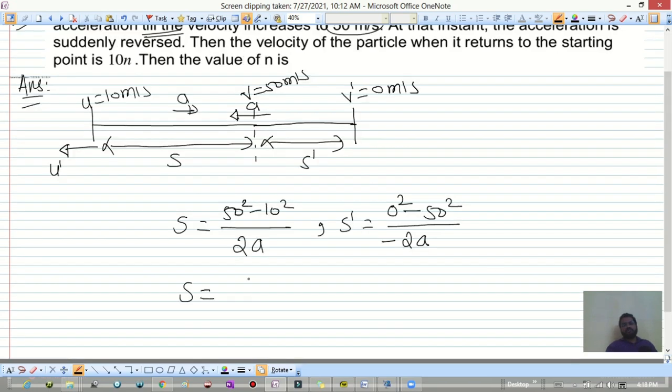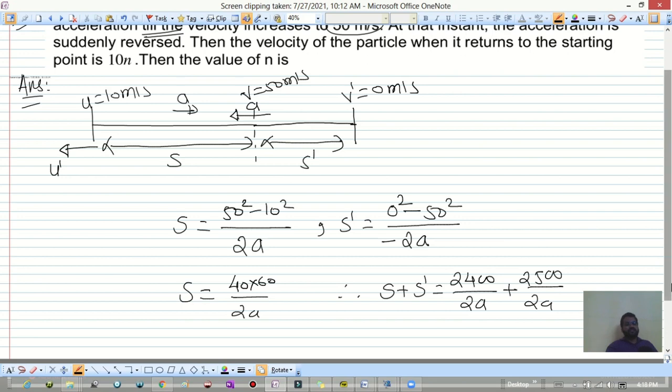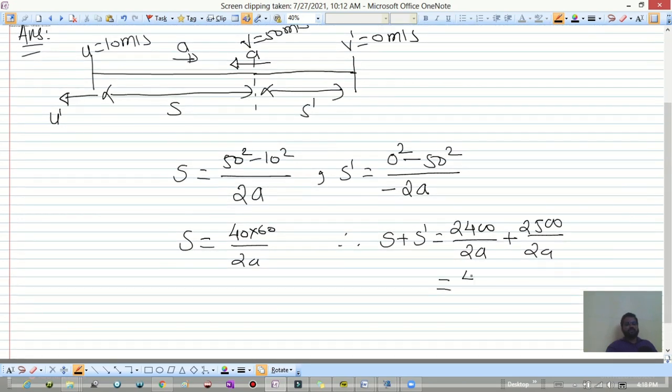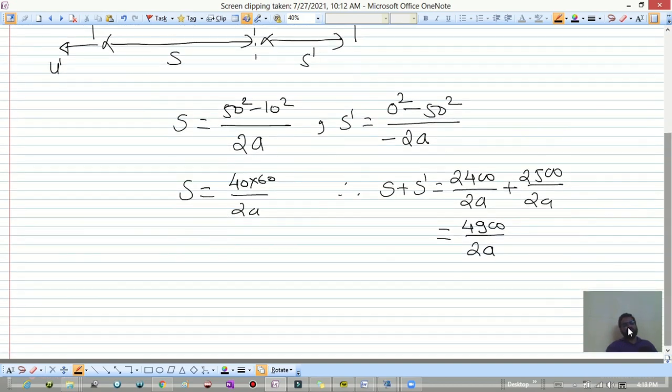So here s is equal to 50 minus 10, 40 into 60 divided by 2a. So therefore the total distance we have is s plus s dash, which is equal to 2400 divided by 2a plus 2500 divided by 2a. So as you can see over here, this is 4900 divided by 2a. This is the s plus s dash.